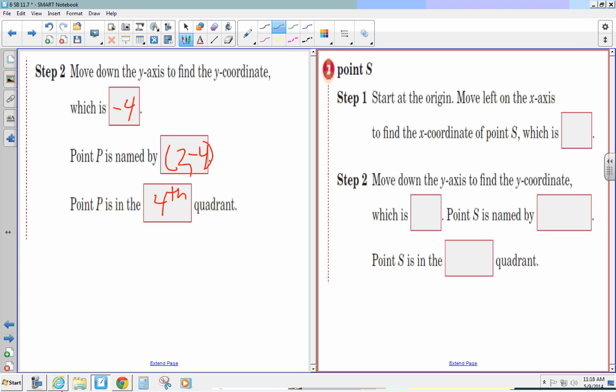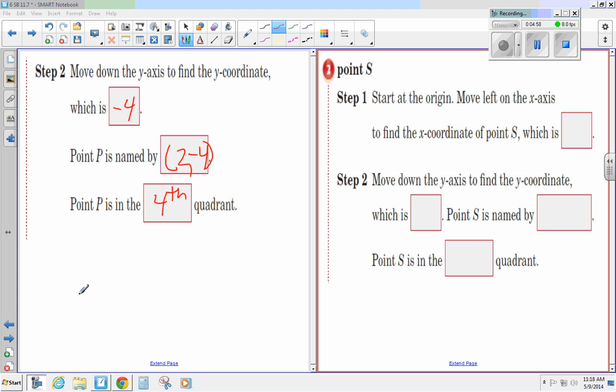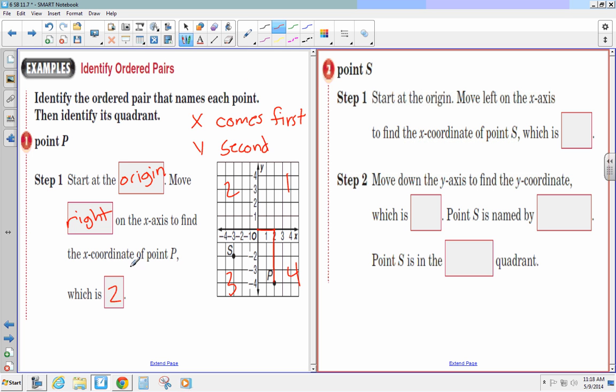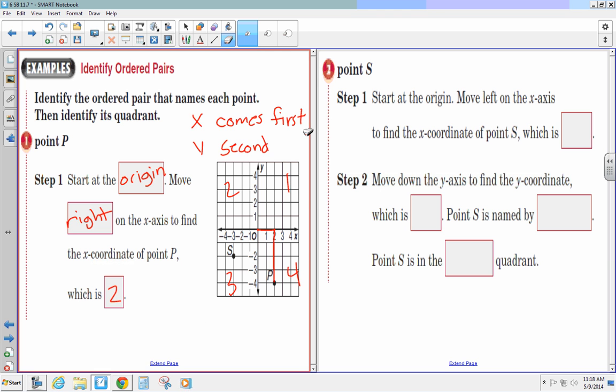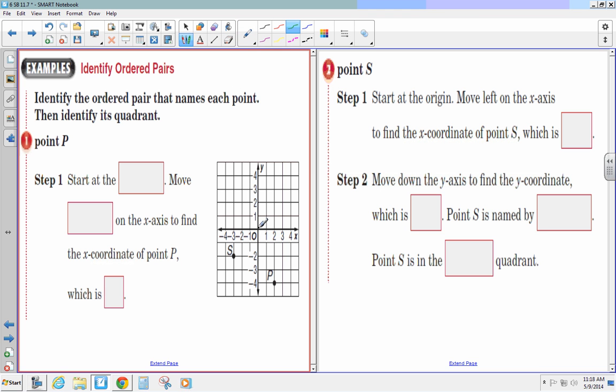All right, let's look at point S. So like before, we're going to start at the origin and move left on the x-axis to find the coordinate for the x, which is -3. Now you're going to move down the y-axis to find the y-coordinate.